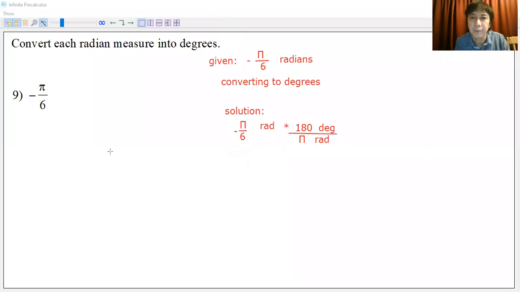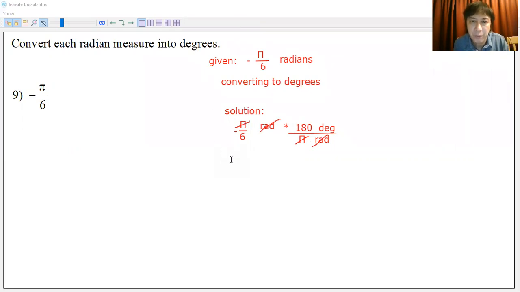So we continue with our solution. The pi cancels out with the pi, and then radians cancels out with the radians at the denominator. We're left with the unit degrees and the remaining numbers.